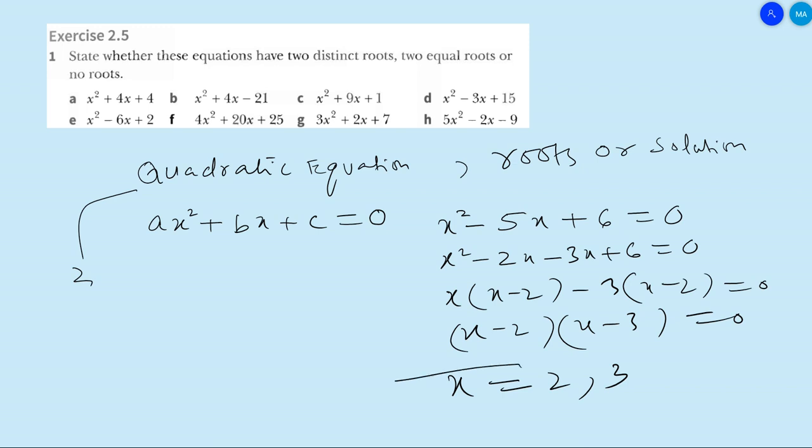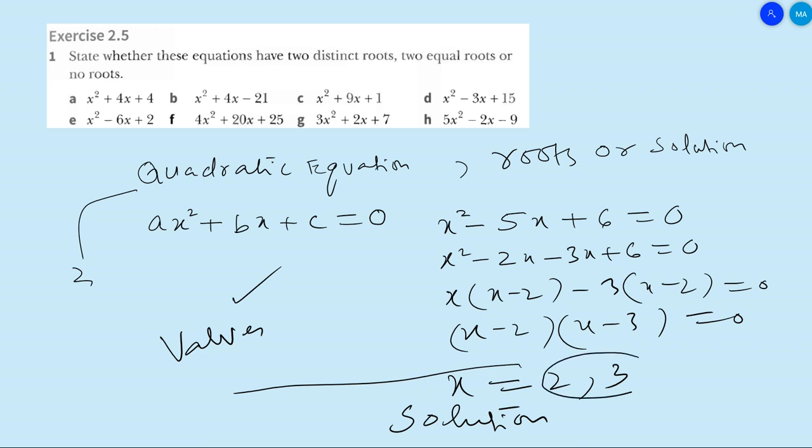So one student says these are the values of x. No problem, 100% correct. The other student says this is the solution of the given quadratic equation. No problem, he is right. One student says that these are the roots of the quadratic equation. He is also right.